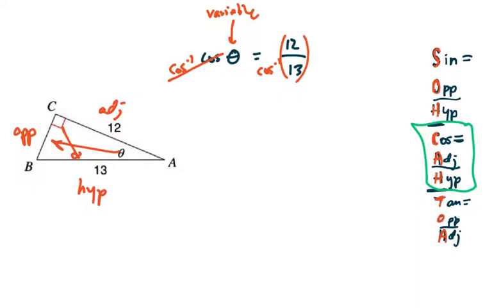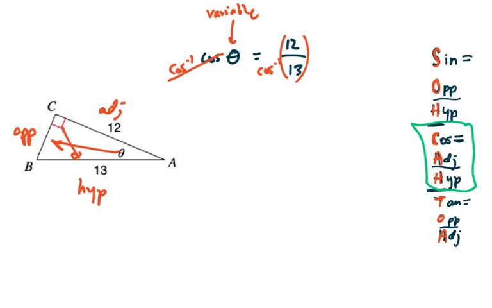So if I'm using a phone calculator, I'll do 12 divided by 13, and then second cosine. Whoops. Clear. Let's try that again. 12 divided by 13 equals, then second cosine.